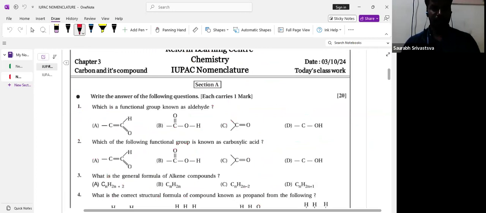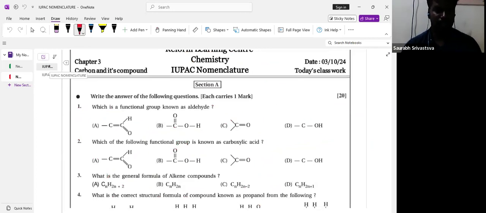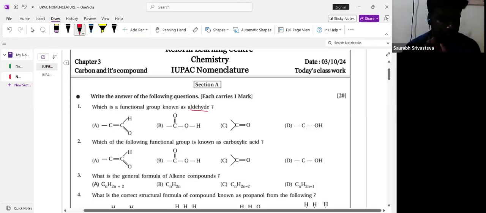Okay, sir. Next, the first question. Which is the functional group known as aldehyde? Actually, here this option is the wrong option. They gave a printing mistake. First carbon and double bond O, again hydrogen.